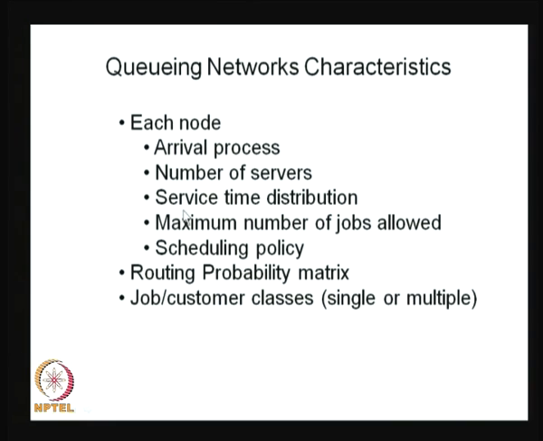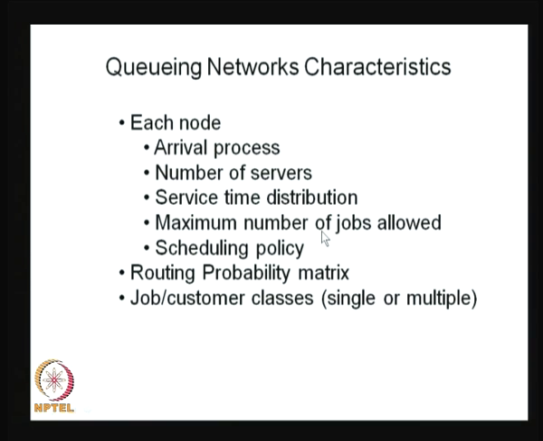If it is one server, then what is the service time distribution? If it is more than one server, then whether they are identical servers or non-identical, and what is the distribution of each server's service time. Next, what is the capacity of the queuing system in each queue? In the whole queuing network, what is the maximum number of jobs or customers allowed in the waiting space, whether it is an infinite capacity system or a finite capacity system.